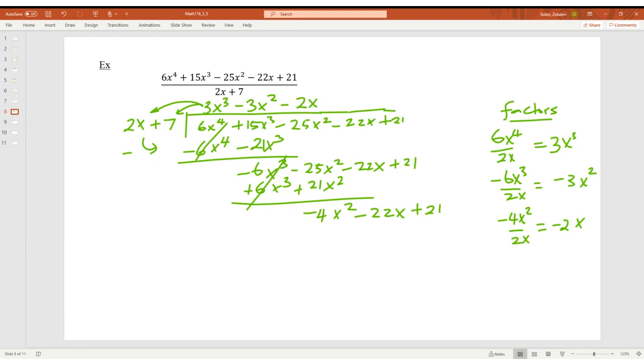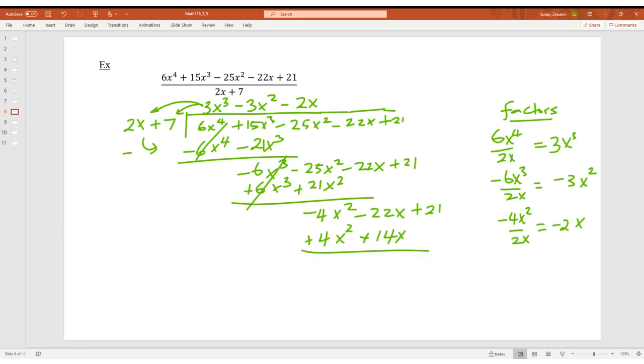We are doing the same step until we get a remainder, which will be a constant number. So negative 2 times negative 2 is negative 4. So we switch it into plus 4. Then x times x is x squared. So it becomes plus 4x squared. Negative 2x times 7 will be negative 14x. So we change it into plus again.